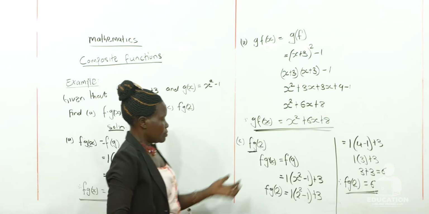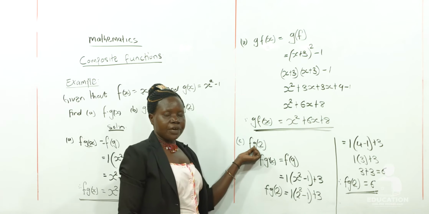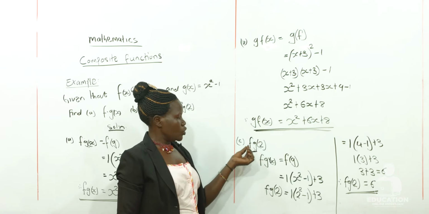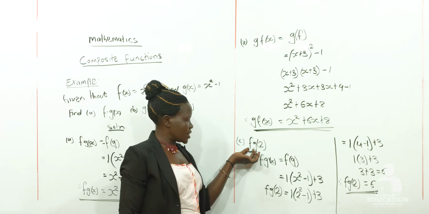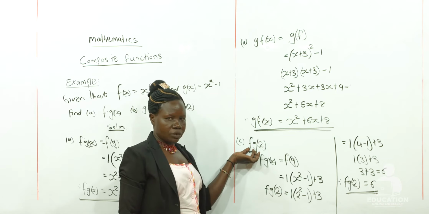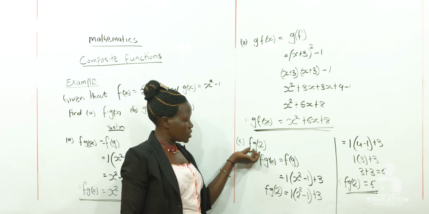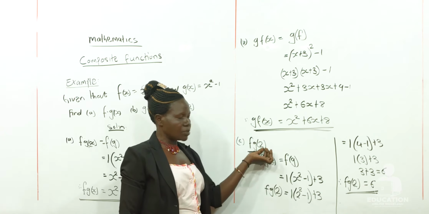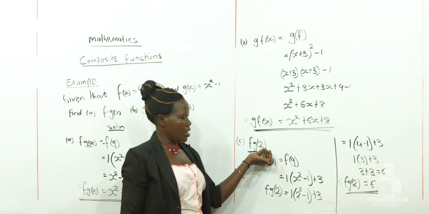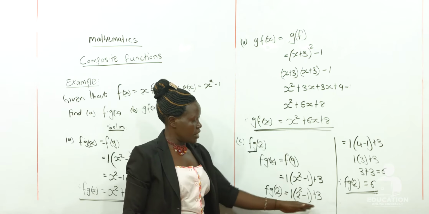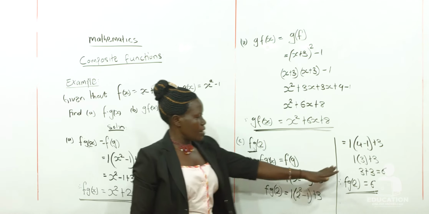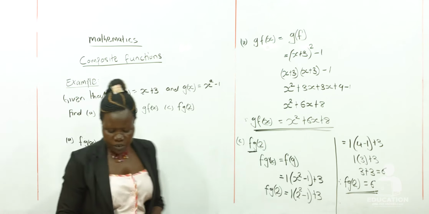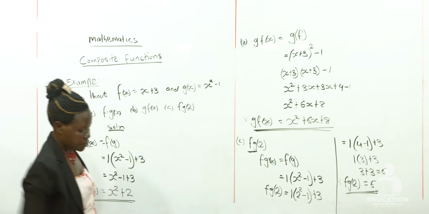That is how you simply substitute to get your answer. I repeat, if the value of x is given, you first express the functions as a composite function, and then after that is when you substitute the value of x, just like what we have done. So learners, that is how you handle questions of that kind.